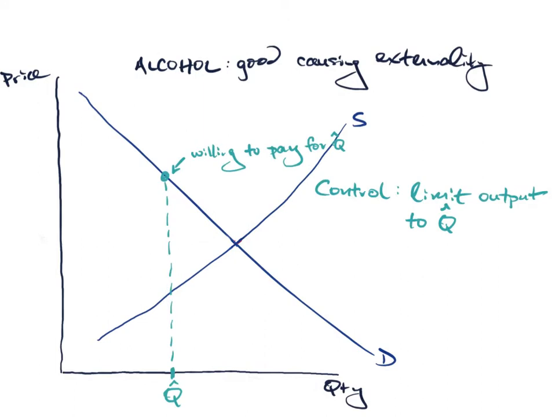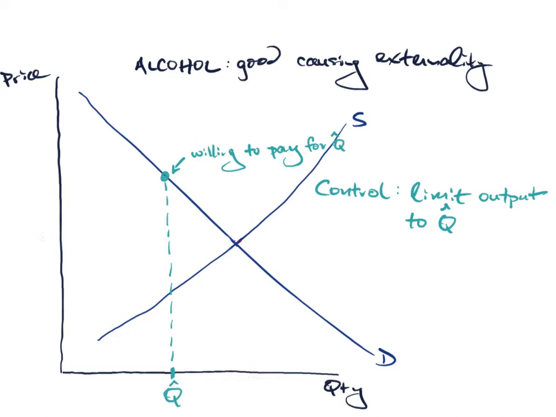Maybe the government assesses this and realizes that the optimal quantity to consume is Q hat. Remember, I said that the hat on some variable will usually stand for what is socially optimal.